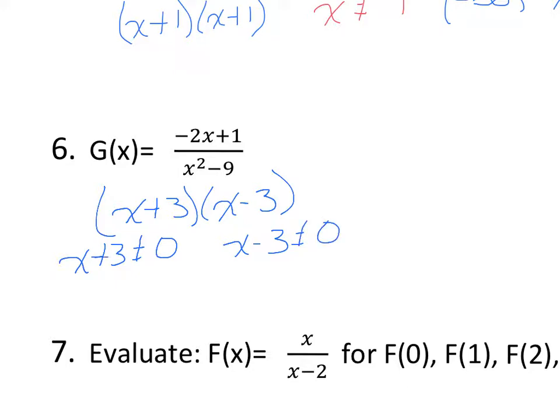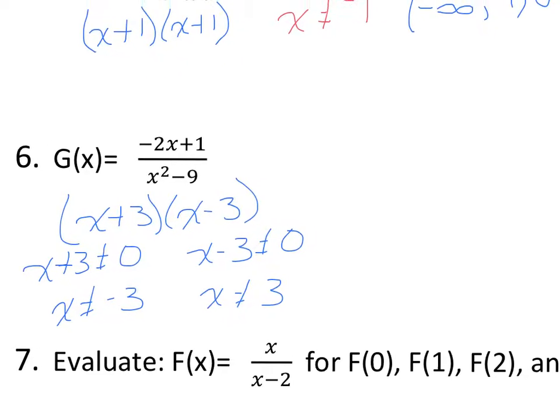And when we isolate the x, then we have x cannot equal negative 3, x cannot equal positive 3. So we're going to put that in set builder: x such that x cannot equal negative 3 comma positive 3. And we always write these in numerical order here. So negative 3, then positive 3.